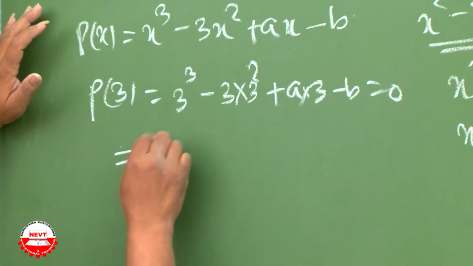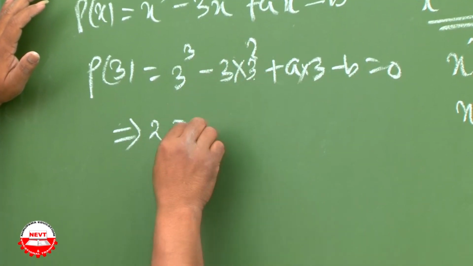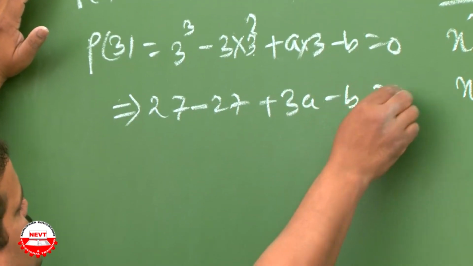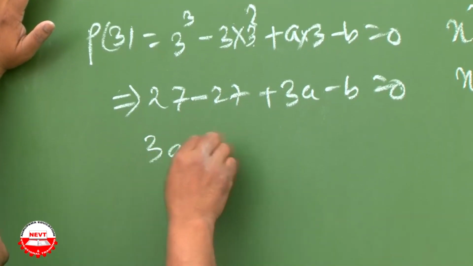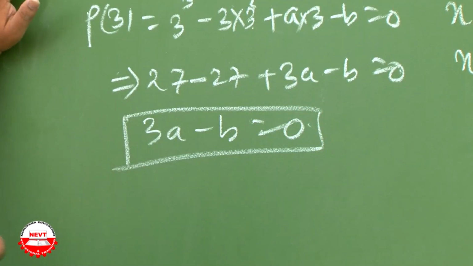This implies 27 minus 27 plus 3a minus b is equal to 0, or 3a minus b is equal to 0. This is equation 1. It's okay?